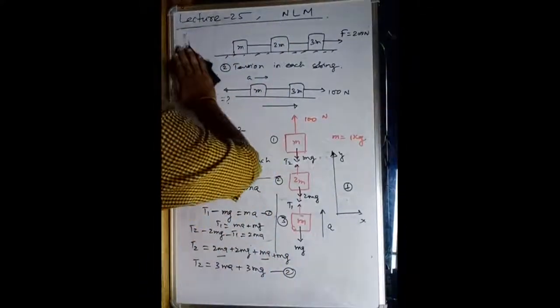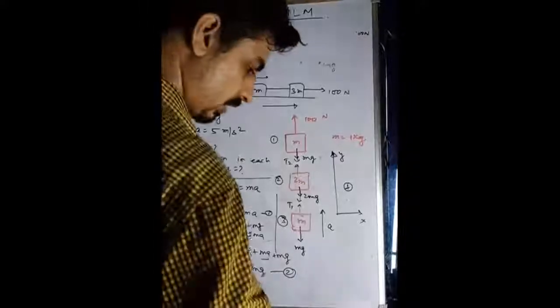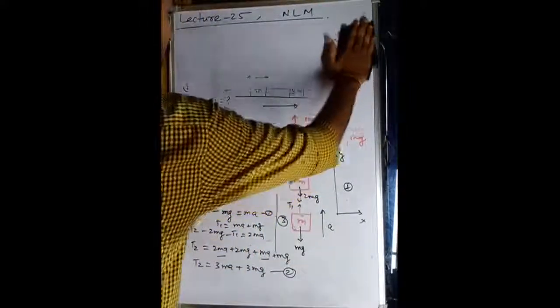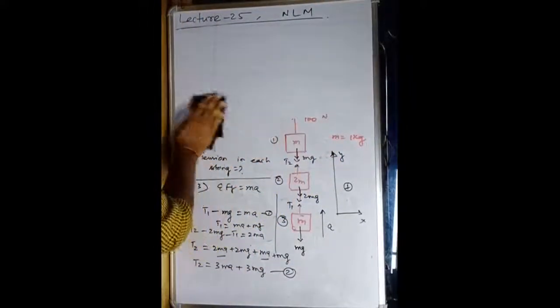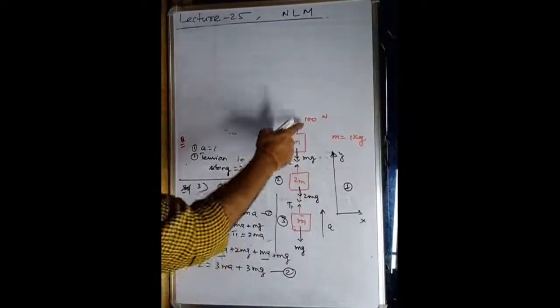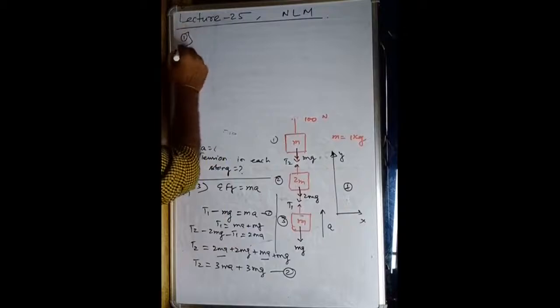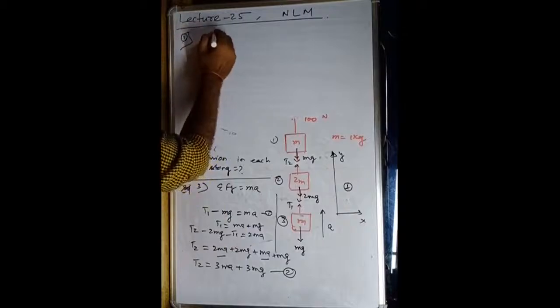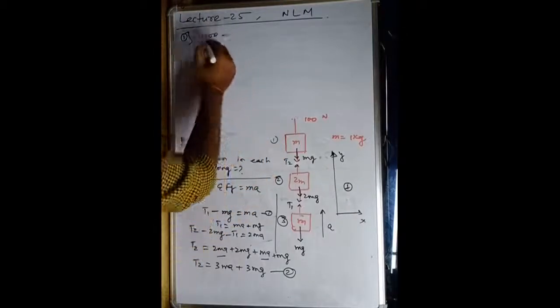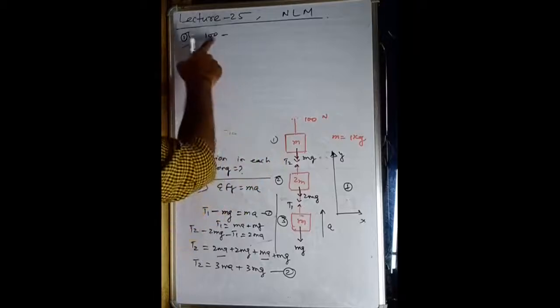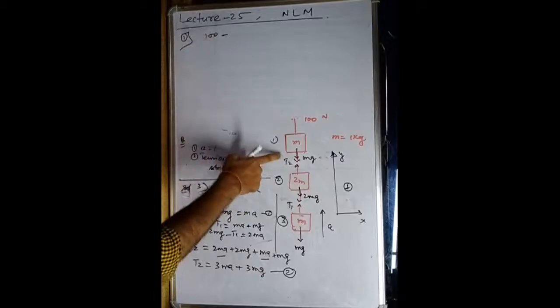Now apply the equation in free body diagram 1. Here 100 Newton in the upward direction for free body diagram 1. In the upward direction 100 Newton, and in the downward direction the two forces. Why am I writing the 100 first and then these forces?